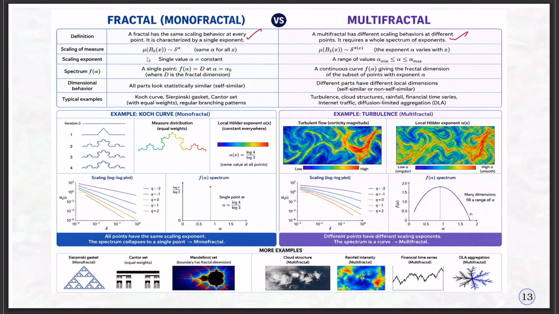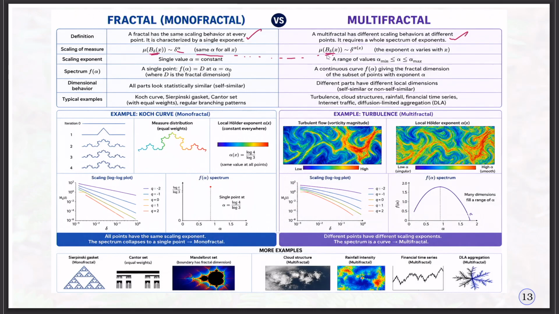Here, the scaling measure is mu of B delta of x directly proportional to delta to the power alpha, the same alpha for all x. Here also we are finding the measure of the box. With respect to the scaling exponent alpha, if this alpha is a fixed number for all the measures of the boxes, then this is the monofractal.